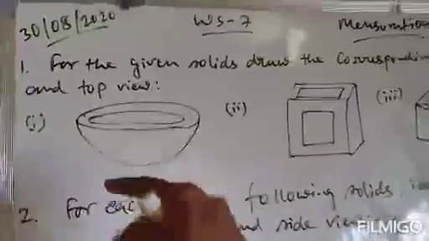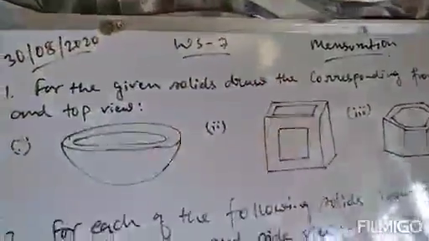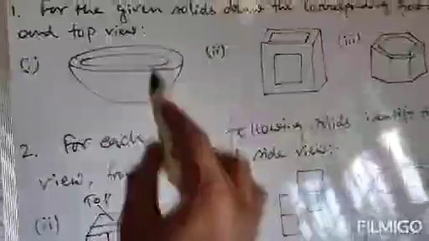How will the top view look for this diagram? That means when you see this diagram from your top position, how will the diagram look? The diagram will look like this. That means a half circle. The diagram will look like a half circle when you see this diagram from your top position or top portion.